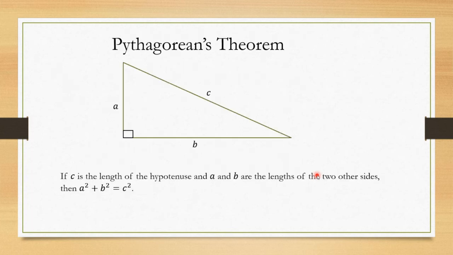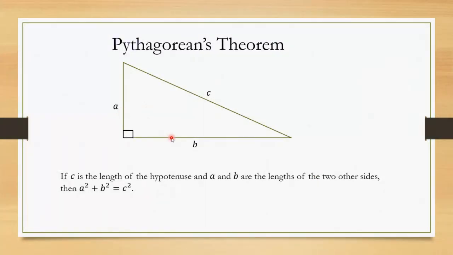Okay. Another famous theorem that's good to know is Pythagoras' theorem. That's a very nice theorem about right triangles. What's nice about that theorem is if you know any two of the side lengths, you can easily get the length of the third side.